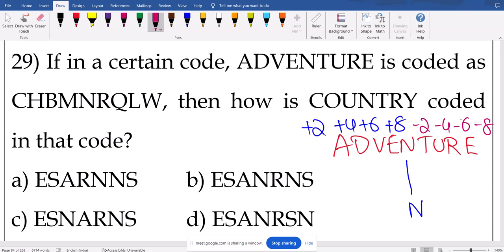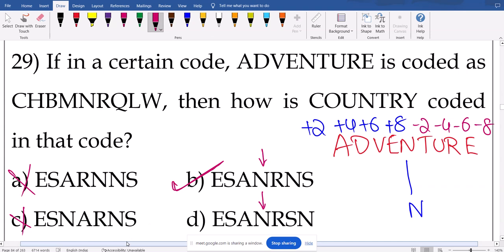So in country, N should be common, N should be the middle letter. A and C are eliminated because N is the middle one. ESA also common, R also common. I need to worry about the last two letters. Okay, -4, -6. R -4 is N. Y -6 is S. So option B is correct.